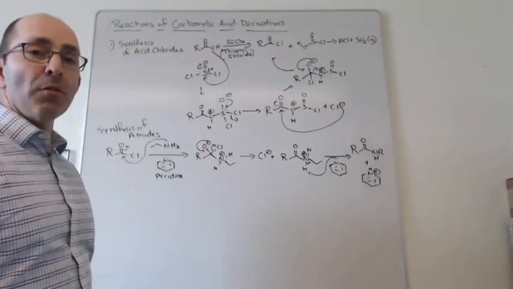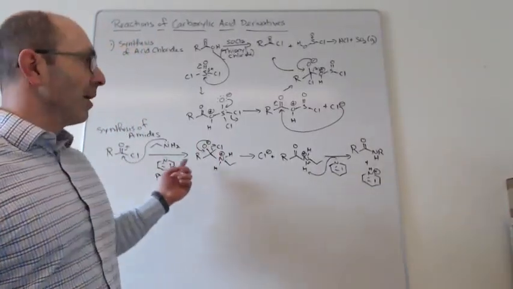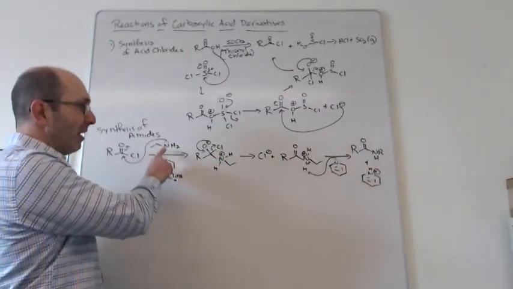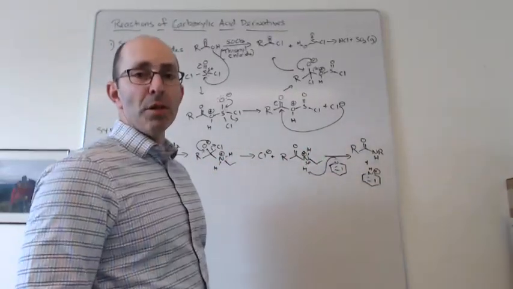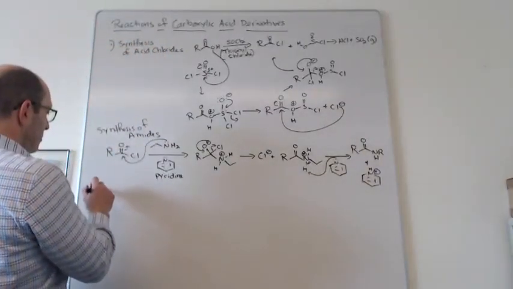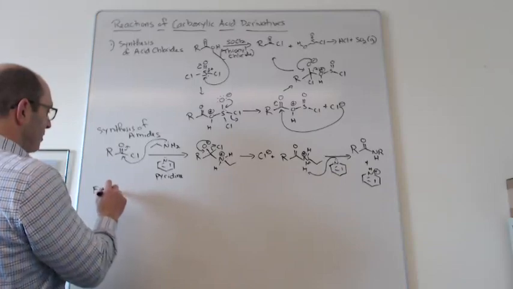The reaction to form an ester with an acid chloride is going to look identical. Just put ethanol here, and it'll look identical all the way through to give you an ester, right? What I want to do is show you the mechanism for the Fischer esterification.